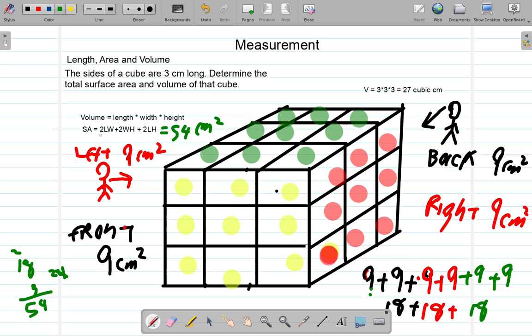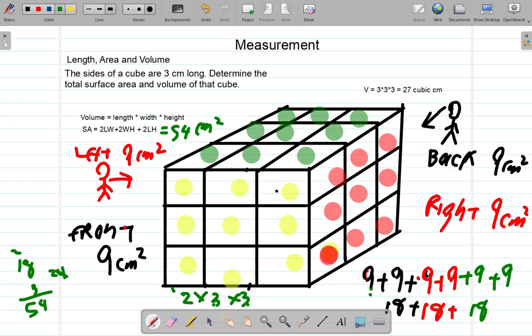Now this formula that I had here, how would it work out? 2 by the length times the width. It would be 2 times 3 times 3. But the 3 by 3 is 9.